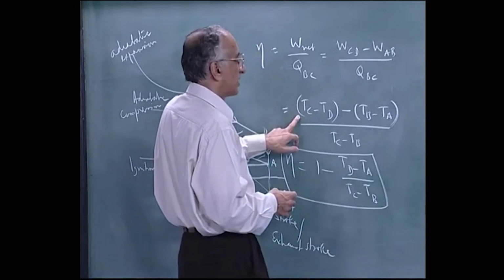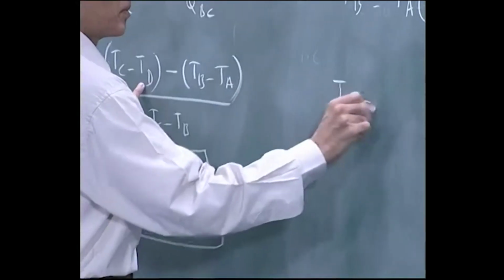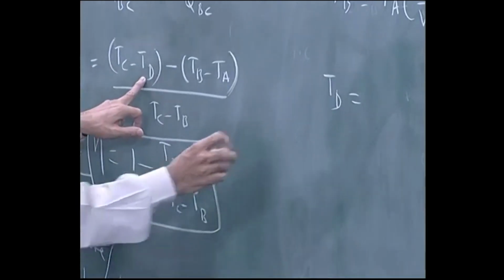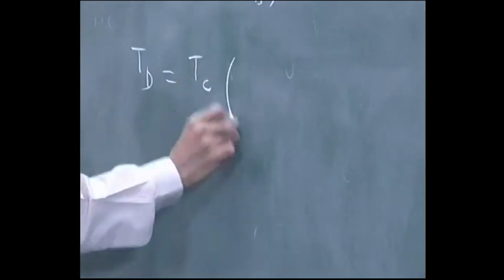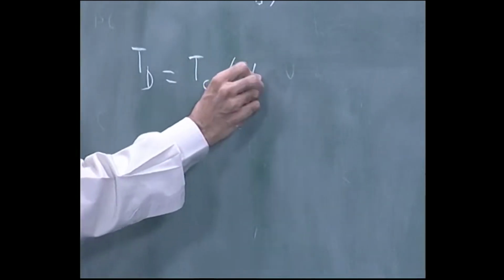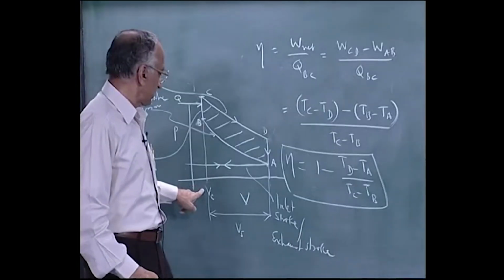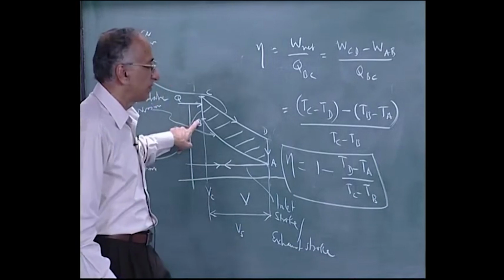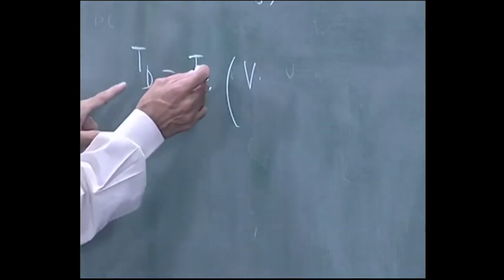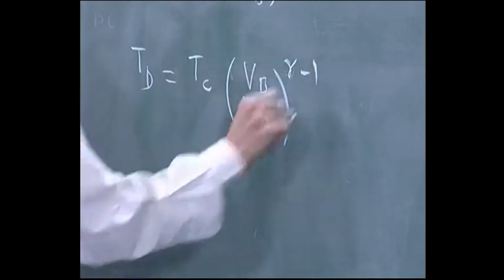So I have got TB in terms of TA. Similarly, TD is equal to TC into the same ratio. VC, VD are the same ratio as VA and VB. So TC, VC by VD is VB by VA to the power gamma minus 1.